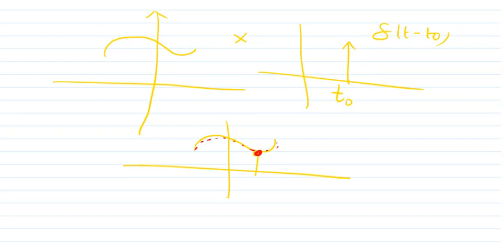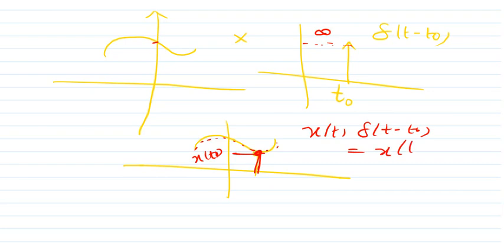Only at t naught we get a sample. Sorry, this is del t, and the amplitude is infinity. So this value is basically x t naught. So when you multiply x t with del t minus t naught, you will get a sample at t naught.